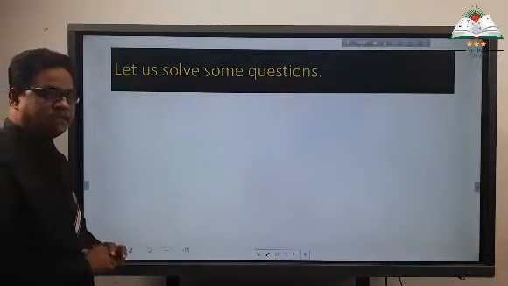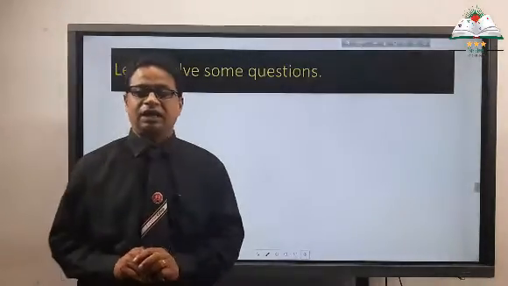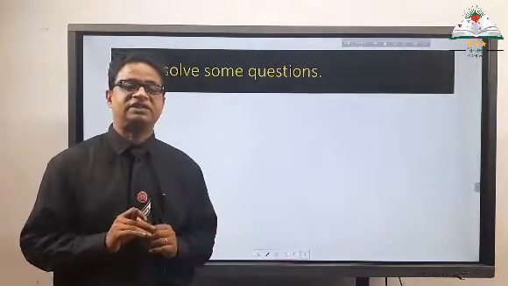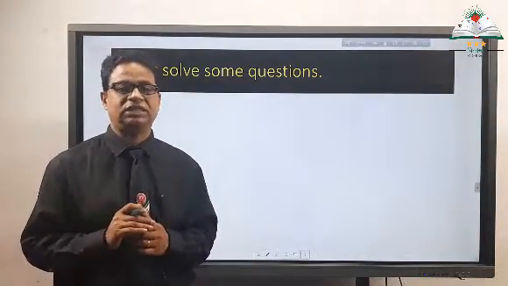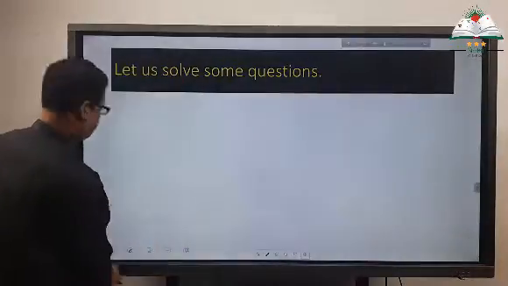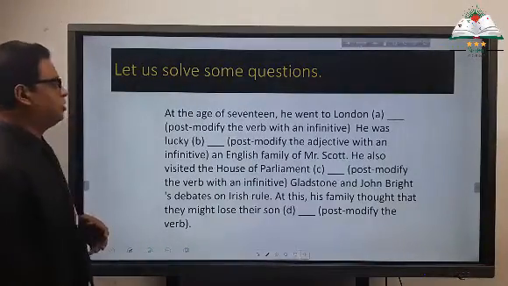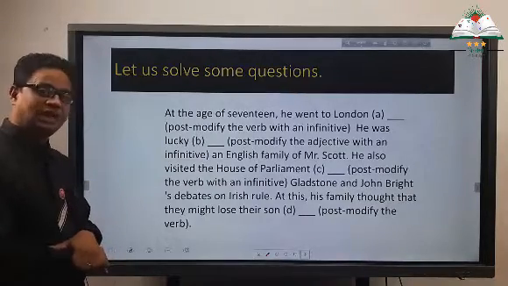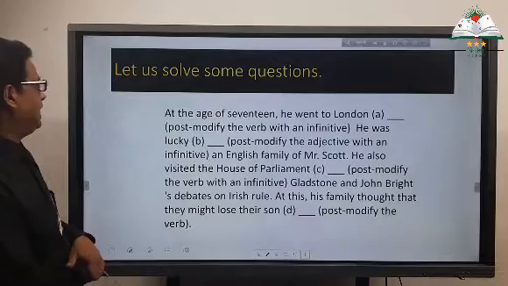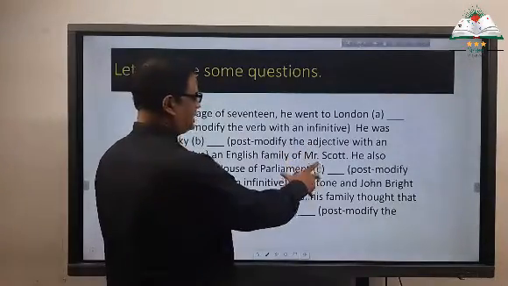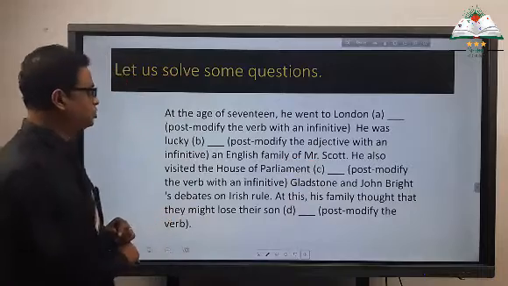So, now on the basis of our learning, we will solve some of the questions that have been taken from the board questions, and you will solve them and I will help you. Dear boys and girls, now let us remember what we have learned. At the age of 17, he went to London. This question has been taken from your board question.